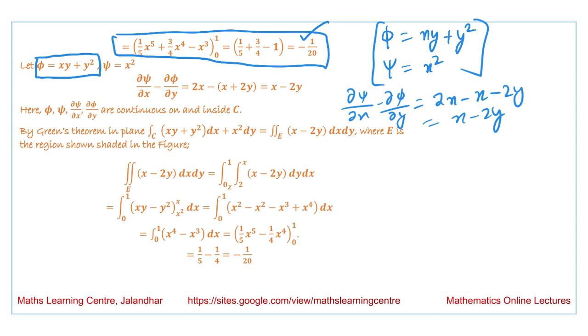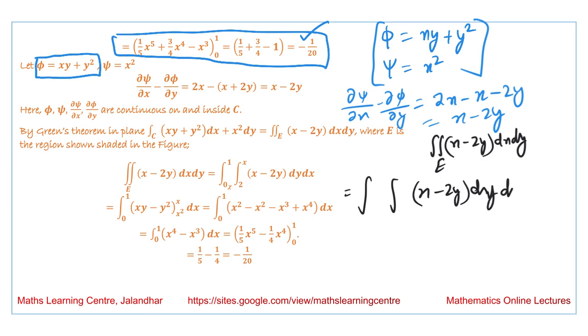Now we have to verify Green's theorem. So we evaluate the double integral over the region of (x minus 2y) dx dy, which is equal to the double integral of (x minus 2y) dy dx.